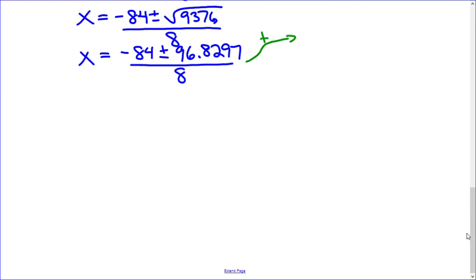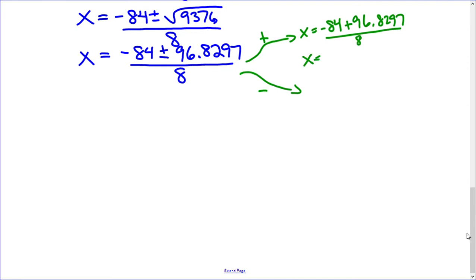I've got a plus root and then I've got a minus root. So we know that we're taking the positive value of this. So if I took minus 84, so x is equal to minus 84 plus 96.8297 and divided that all by 8.